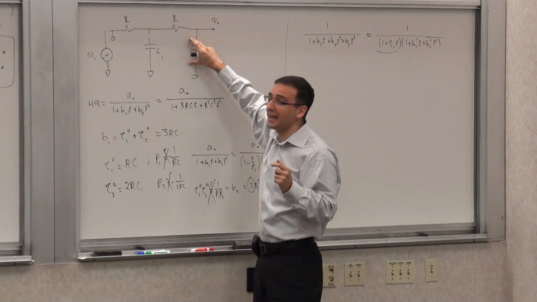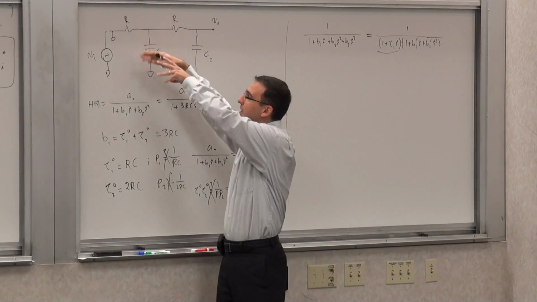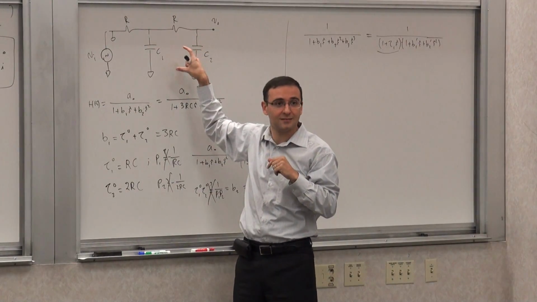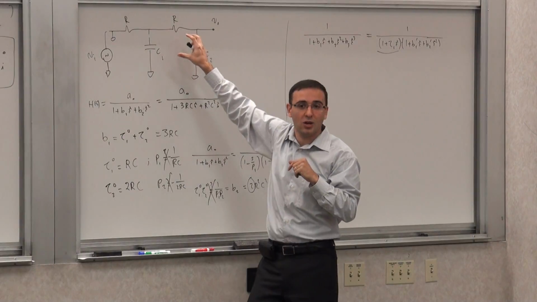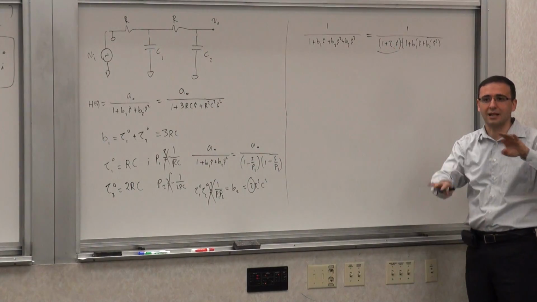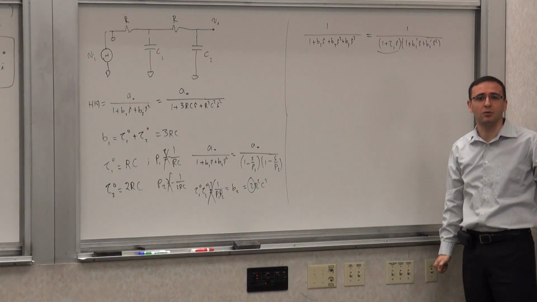If you can find an element where shorting and opening of all the other remaining elements doesn't change the resistance it sees, then that time constant is uncoupled. So you can actually separate. That's a pole, that's a separate pole.